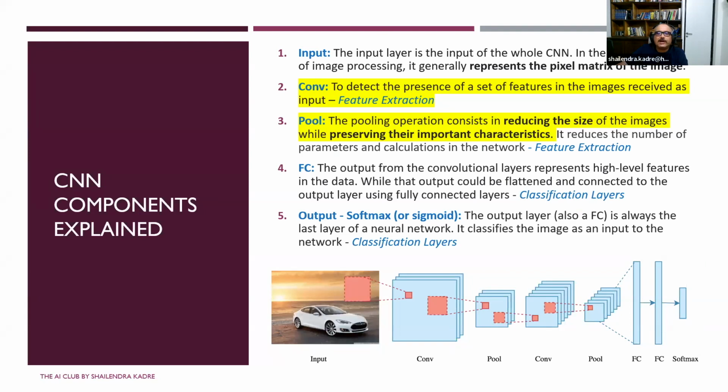Convolution and pooling, I will not explain yet. I will give you a formal definition. Convolution is to detect the presence of a set of features in images received as input, feature extraction. And pooling operations consist in reducing the size of images while preserving their important characteristics.